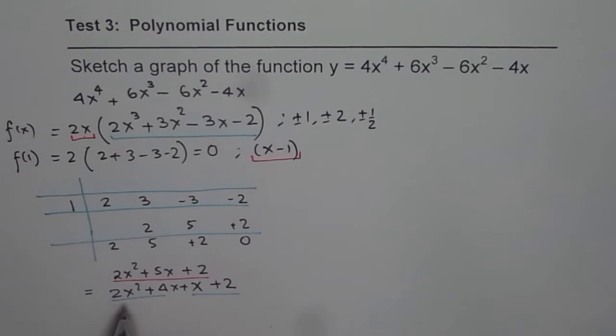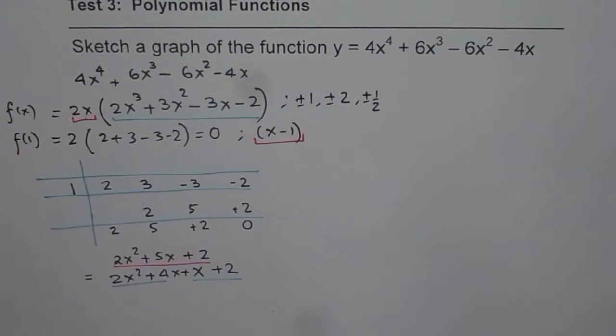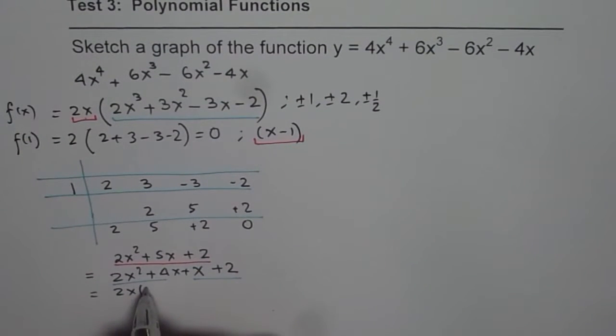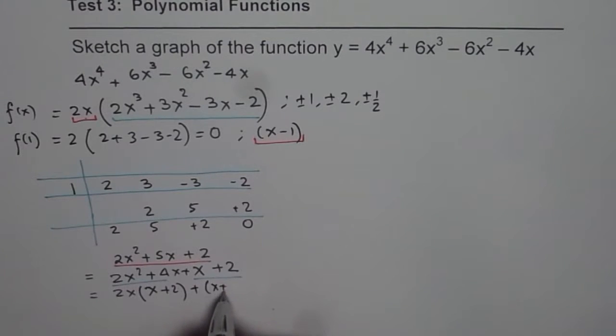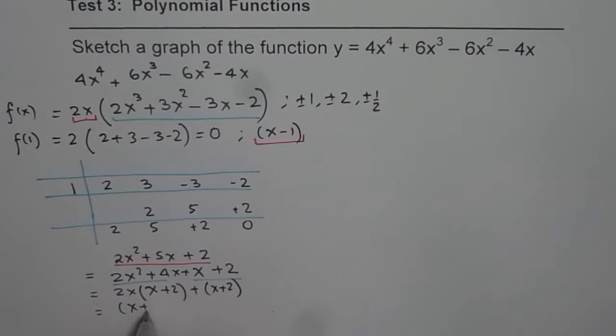In the first two terms, what is common? 2x is common. So we get 2x times x plus 2, and here we already have x plus 2. So we can factor out x plus 2 and we get 2x plus 1.